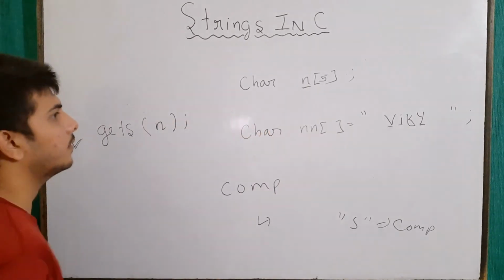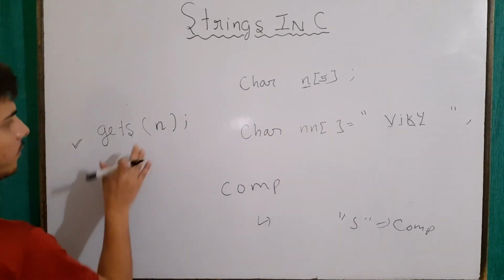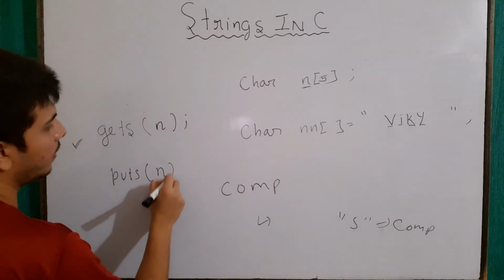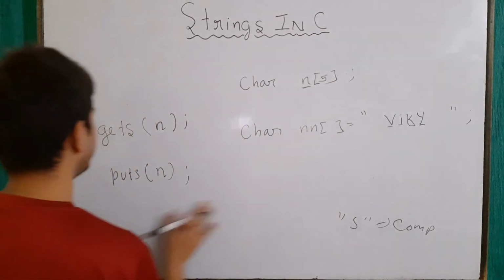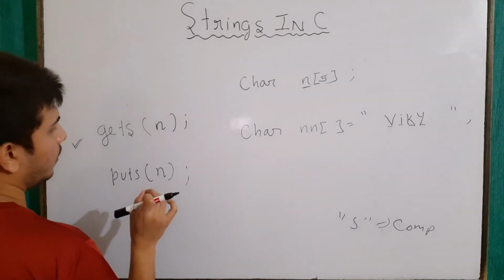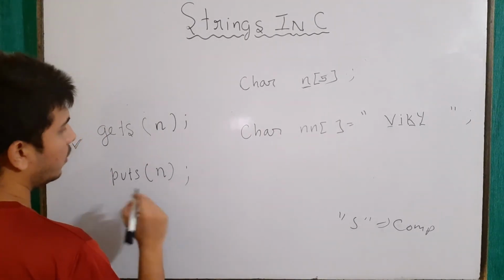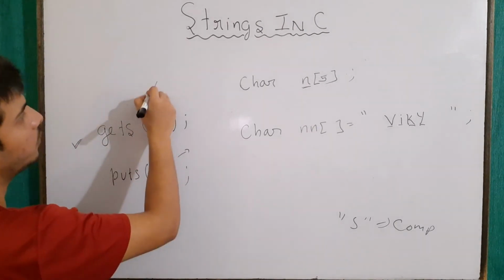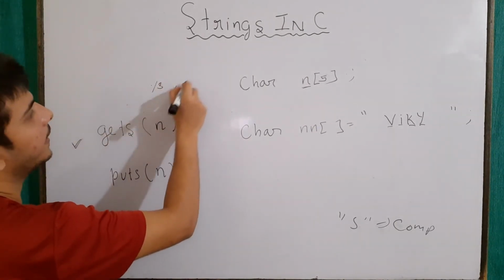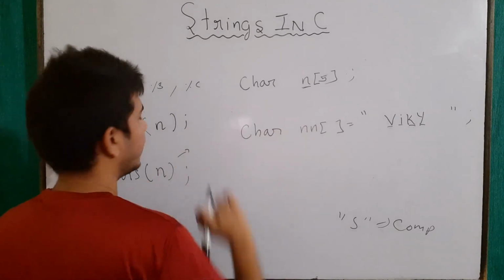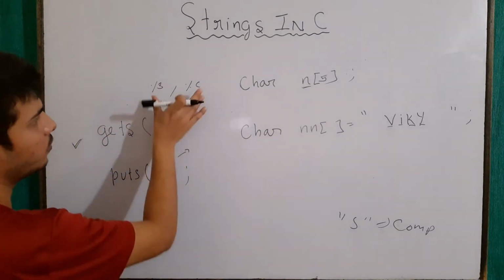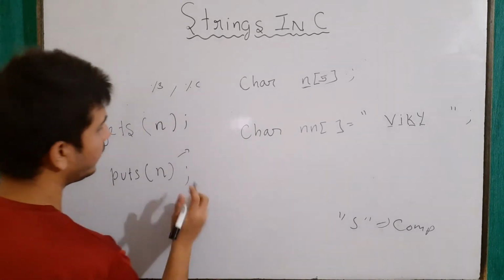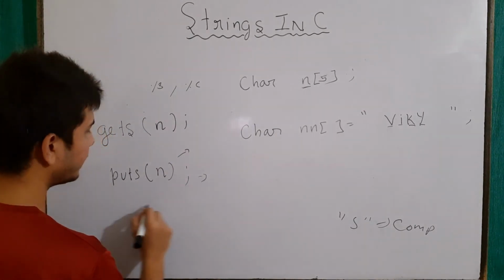Along with gets, we generally use the puts method to print our array. Why do we use puts? First of all, we don't have to mention any format specifier. Sometimes we do get confused whether to use %s or %c when we are talking about a character array. The second thing is that it automatically brings our cursor to the next line.